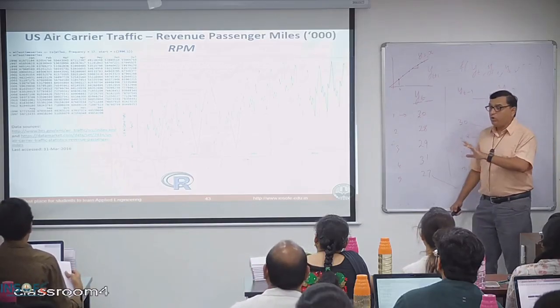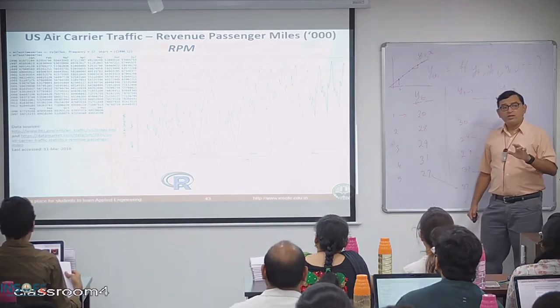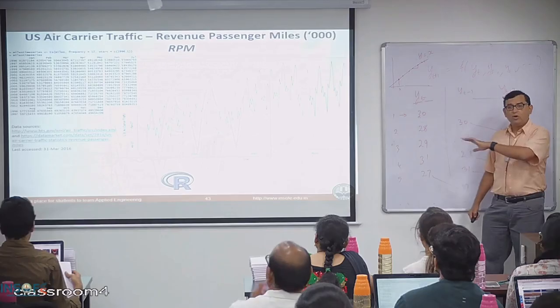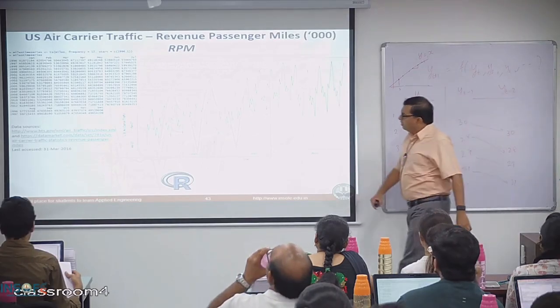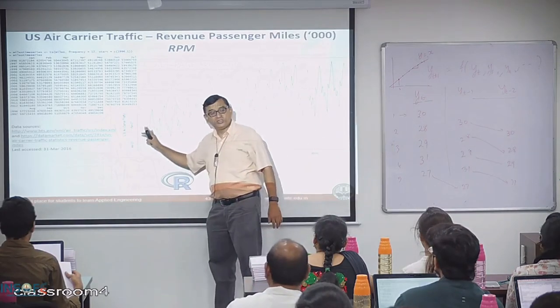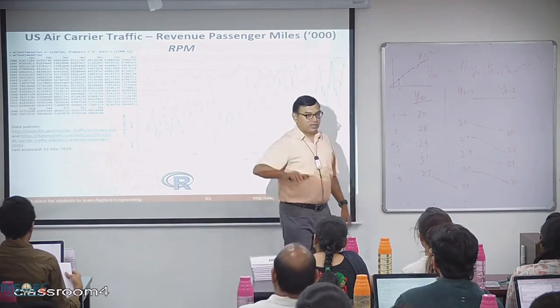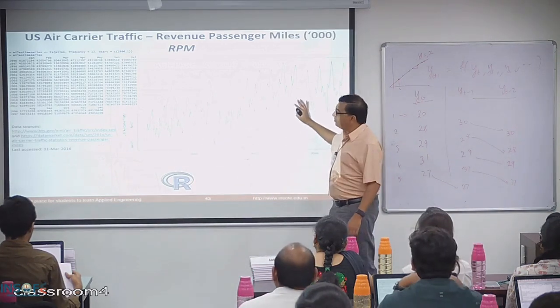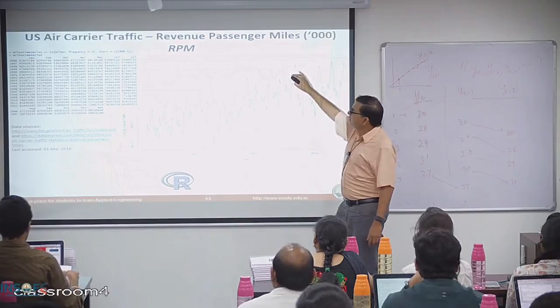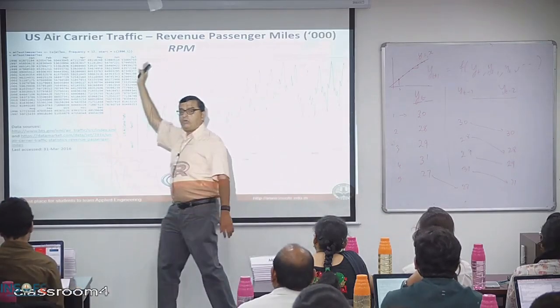Before we do that, I'm going to introduce one more real life data set that we are going to be dealing with. Although the pattern in this looks exactly like the birth time series, this one is different. This one is the revenue passenger miles of US airlines.